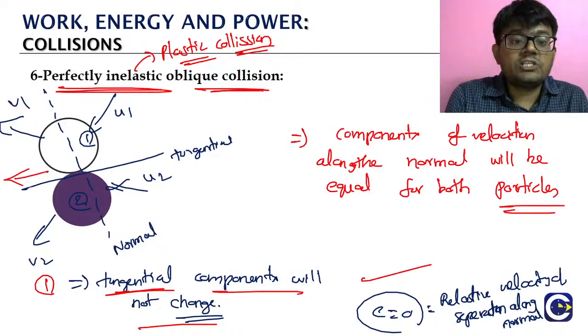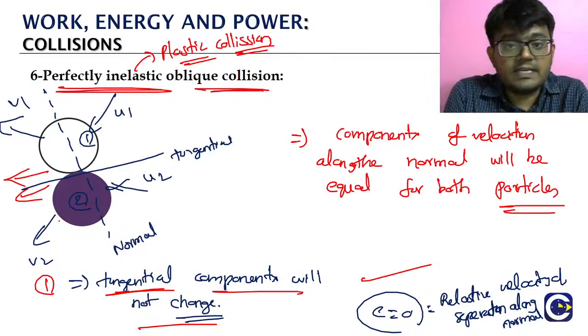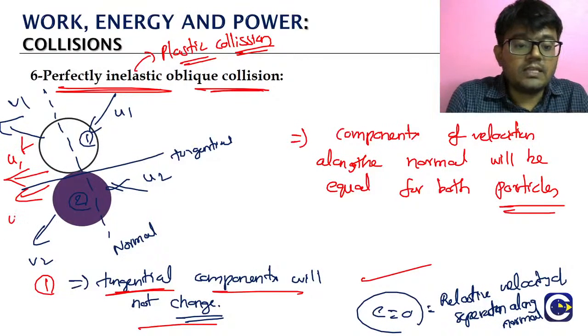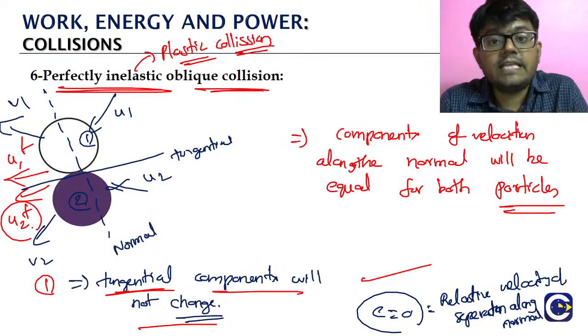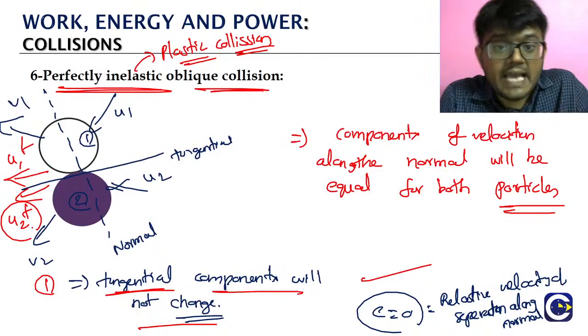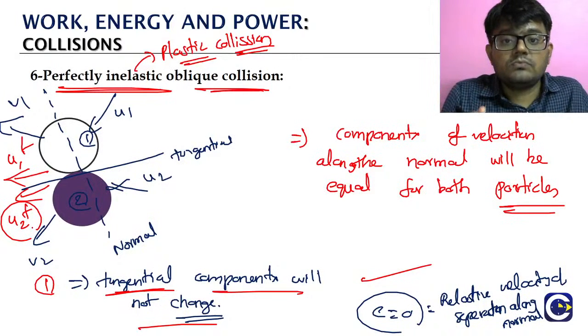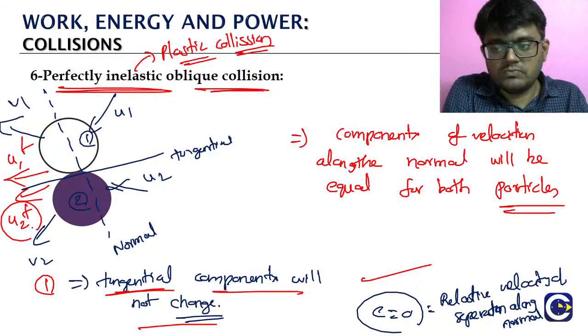Since the tangential components do not change, if the tangential component of u1 and that of u2 are equal, then after collision they stay as they are, the normal components become equal, and so they will move together. Only then can we say they move together.